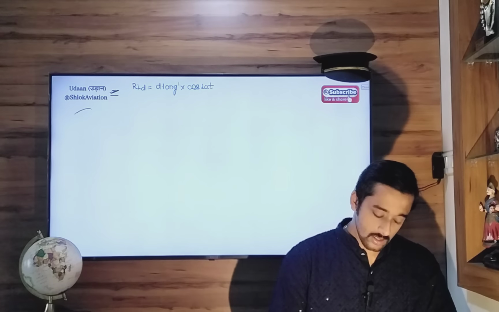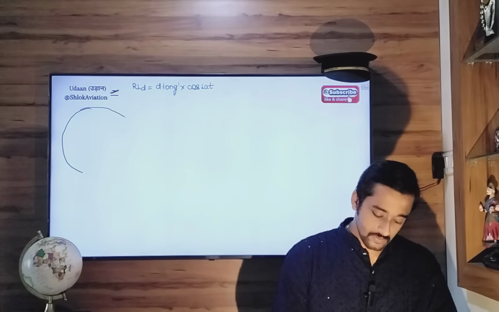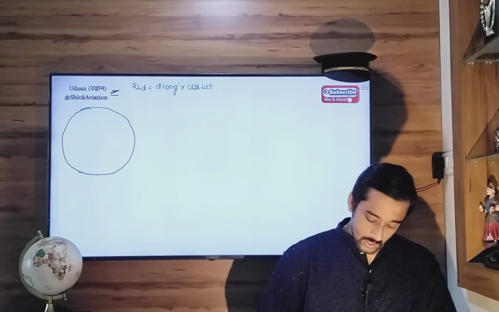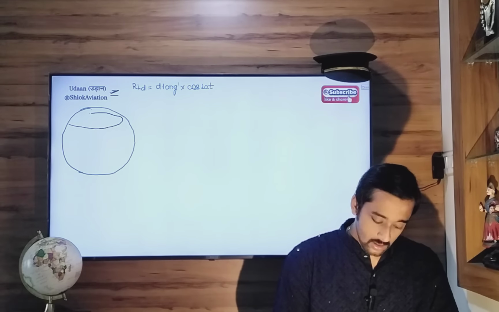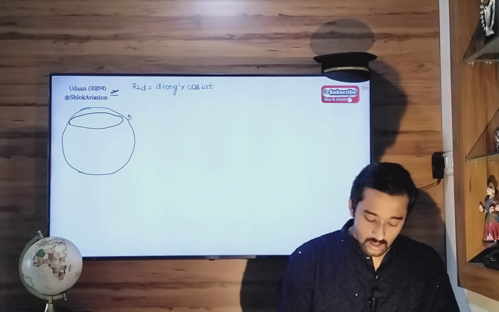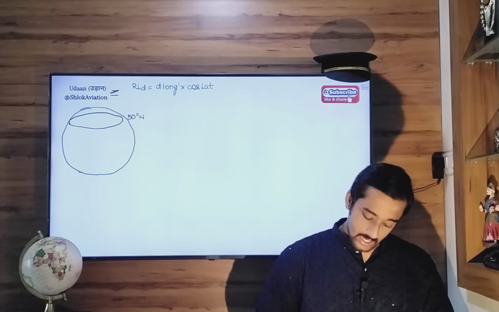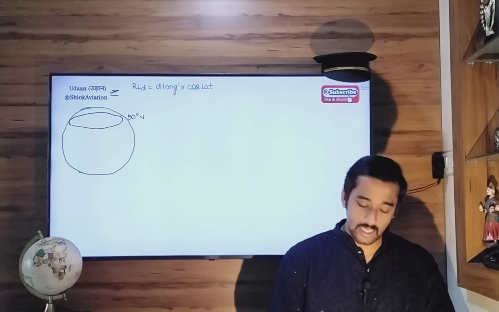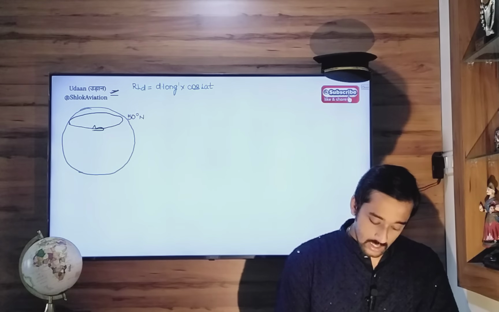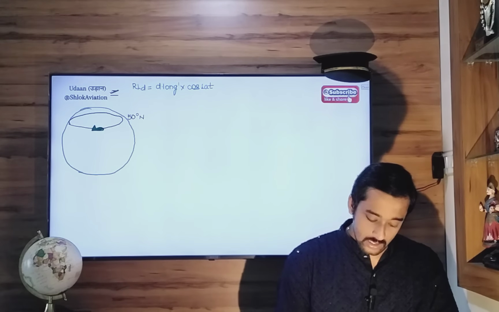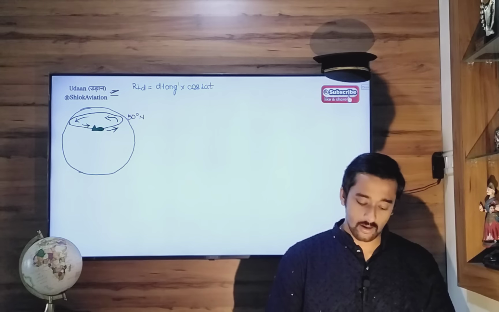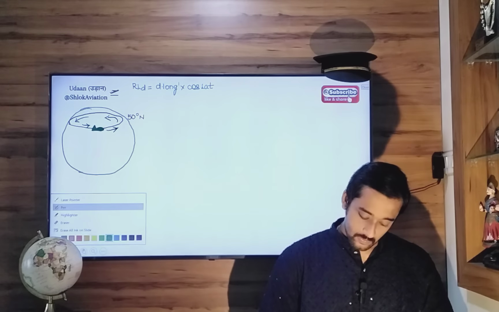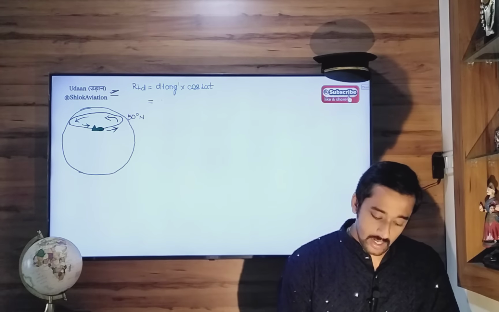This is your Earth, let's say, and you have 50° north latitude. An aircraft is going to encircle the Earth around this latitude, correct? So rhumb line distance will be d long in minutes.